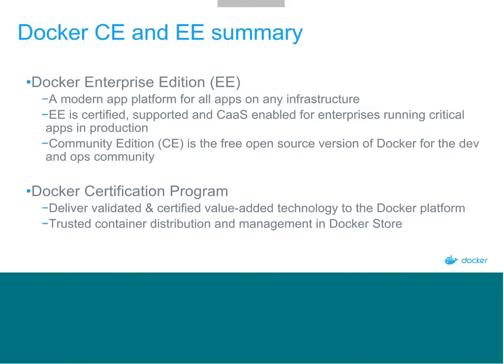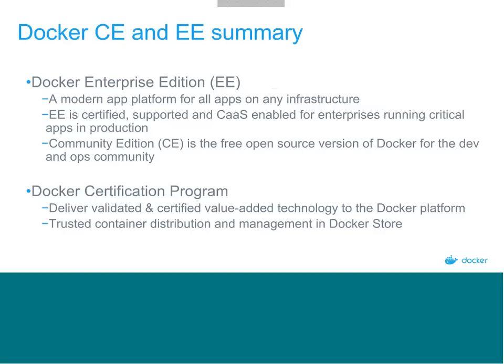So to give you a high-level summary, we announced two new products, Docker Enterprise Edition and Docker Community Edition. Enterprise Edition is a modern app platform for containerized apps that runs on any infrastructure. The important thing with Docker Enterprise Edition is that it's certified, so we make sure that it runs really well on the infrastructure that we support.